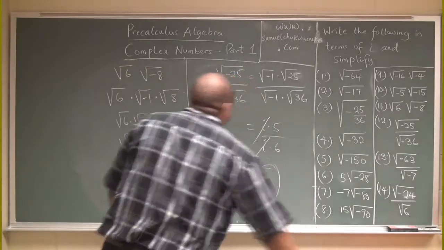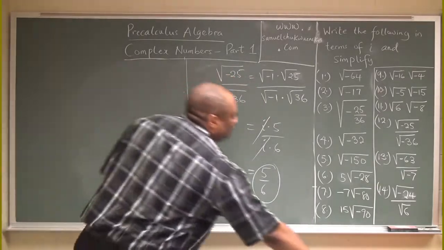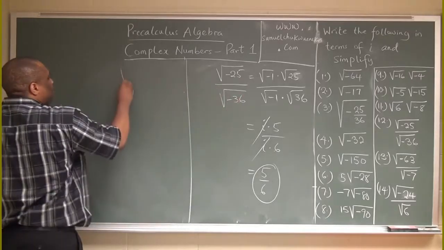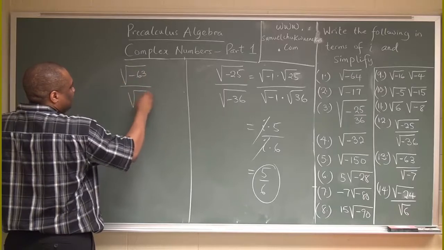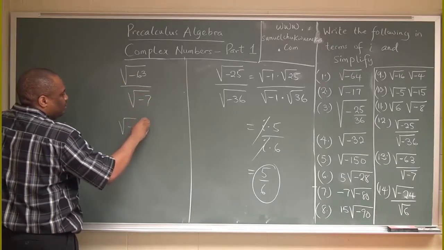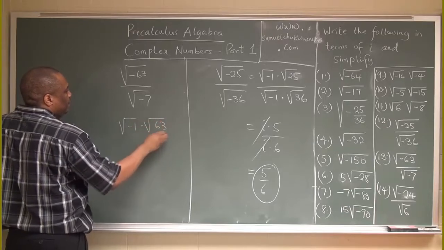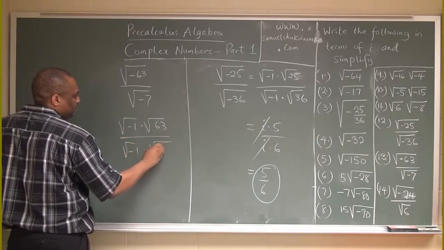Okay? The next one, second to the last, we have square root of negative 63 over square root of negative 7. So this will be square root of negative 1 times square root of 63 over square root of negative 1 times square root of 7.